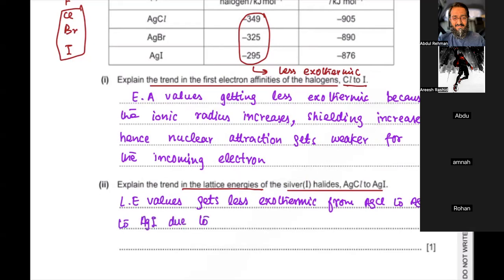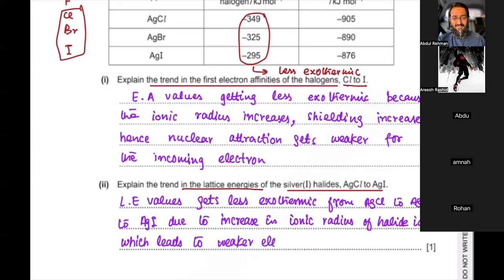due to increase in ionic radius of halide ion, which leads to weaker electrostatic forces of attraction between the ions.